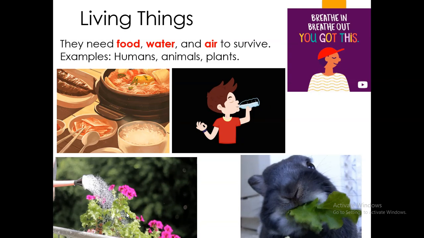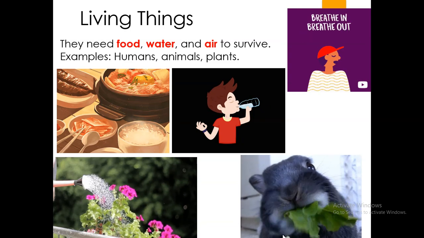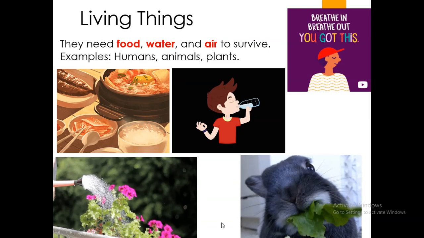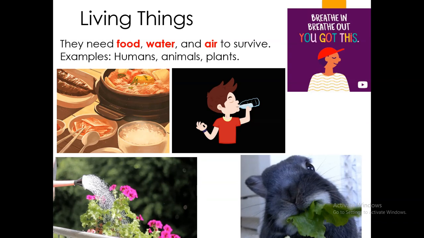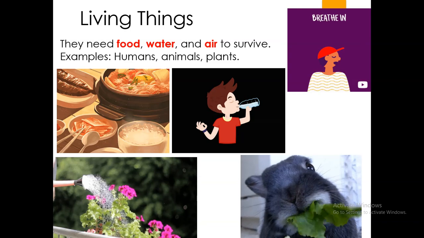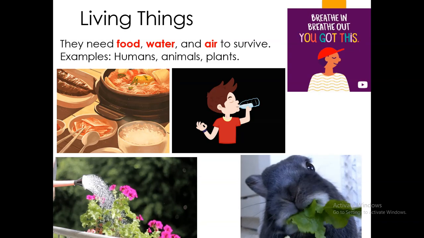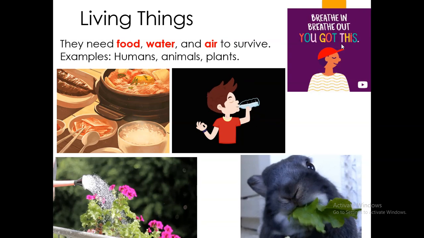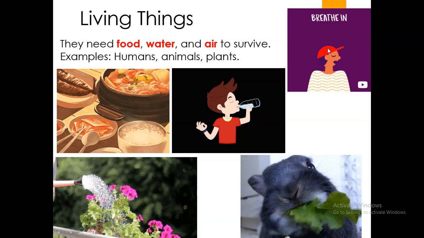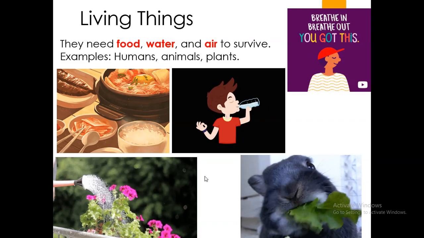This plant needs water too. This rabbit needs food, and they also need air to breathe. So again, living things like humans, animals, and plants can grow, move, and reproduce. They also need food, water, and air to breathe in order to grow and survive.